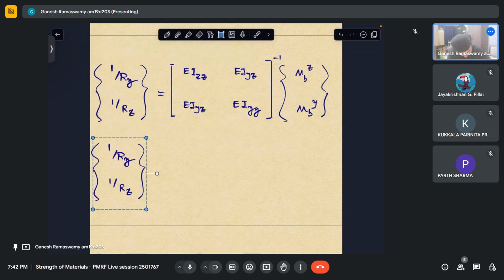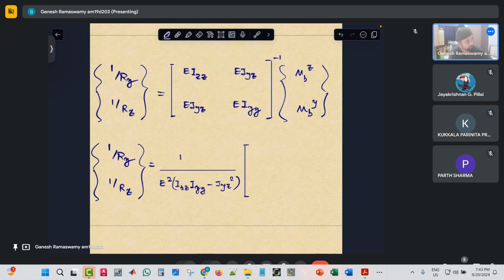This is given by 1 by, the determinant is E squared IZZ IYY minus IYZ the whole squared into this quantity will come here.